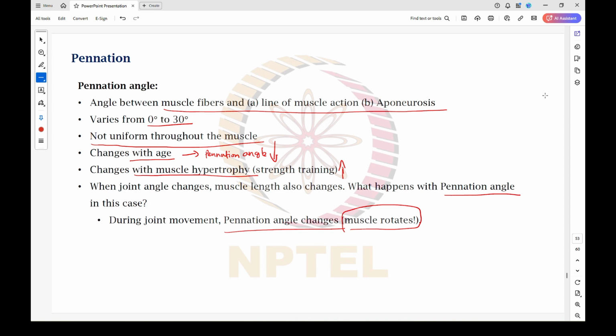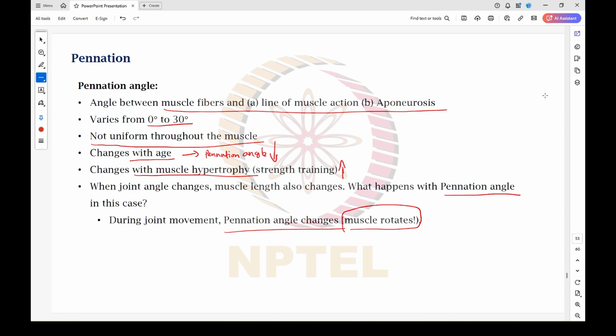The pennation angle can change either with age or with strength training or muscle hypertrophy. With age, there is a decrease in pennation angle because of muscle atrophy and basically loss of muscle, so the number of muscle fibers in a muscle decreases.